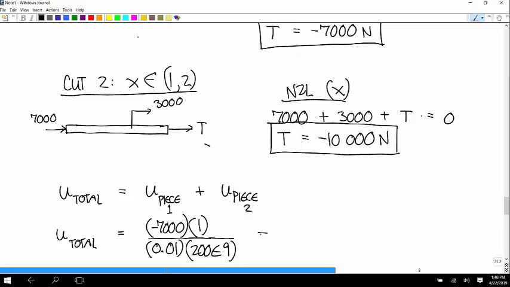And then we'll add that to the elongation from the second piece. The internal tension for that whole piece is negative 10,000.